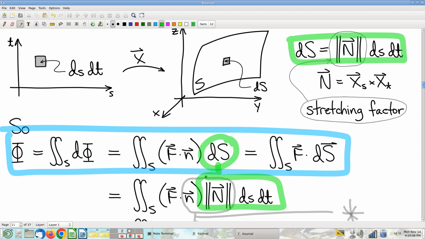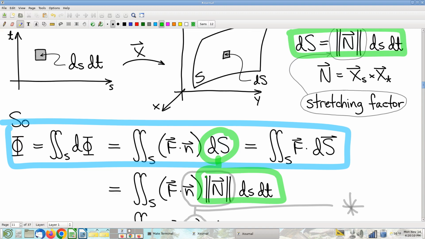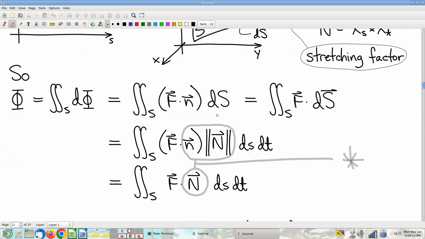That's just plugging in an old formula. And then, seemingly innocently, I notice that here I have the unit normal vector times the magnitude of a normal vector. If you think about it, this product is the direction and the magnitude of capital N, so I'm just going to rewrite this as capital N.